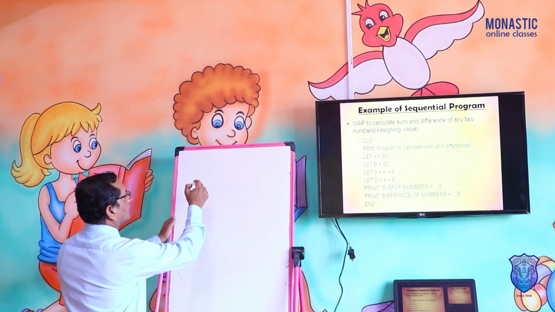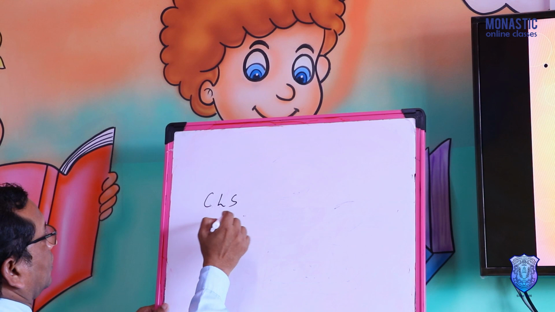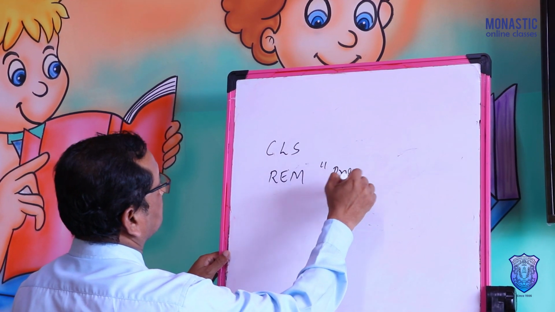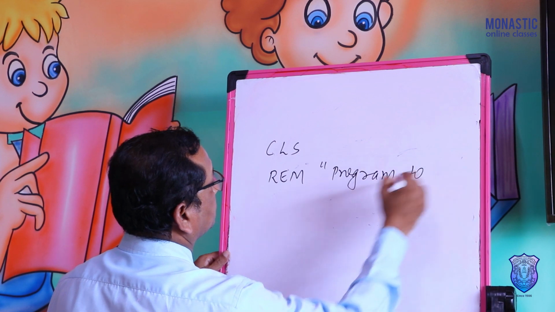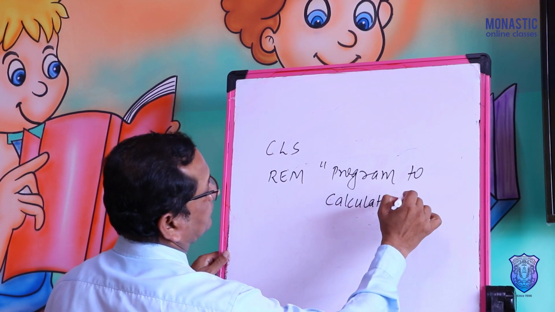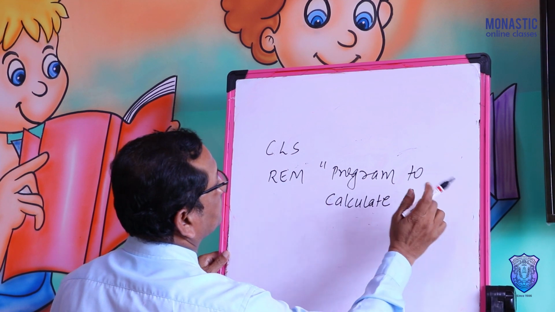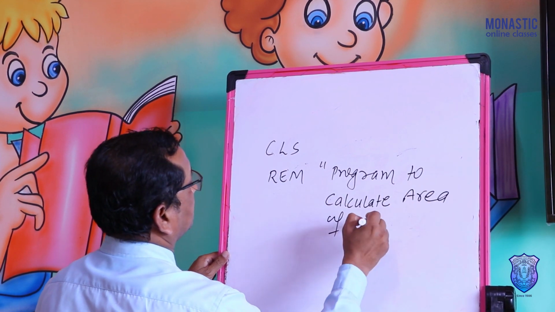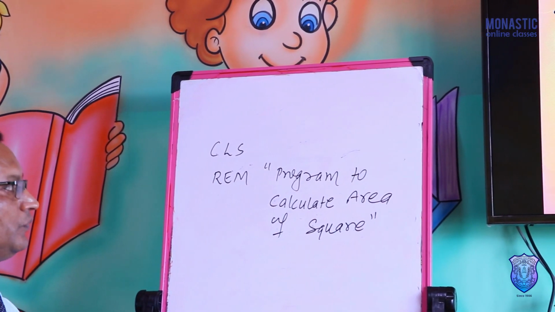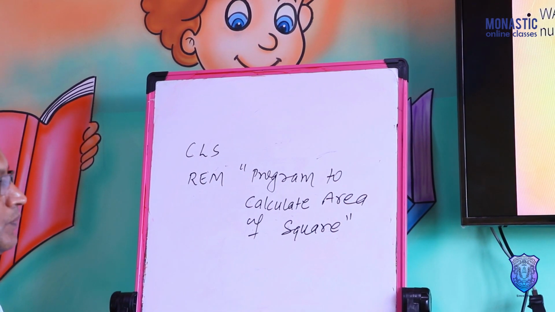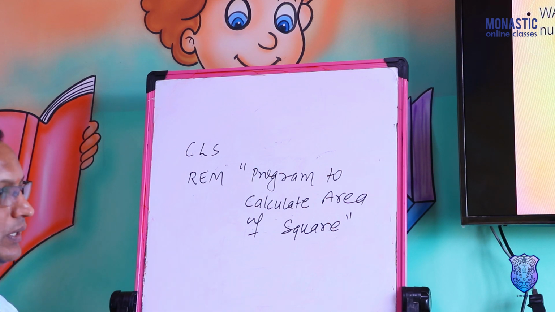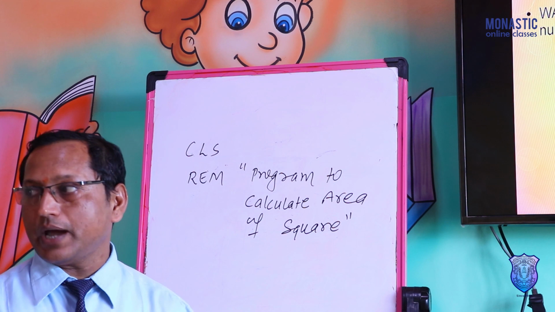First, REM, which is also not compulsory: program to calculate the area of a square. As I told you before, we have to consider input, processing, and output. Here the problem is the area of a square. How do we calculate the area of a square?